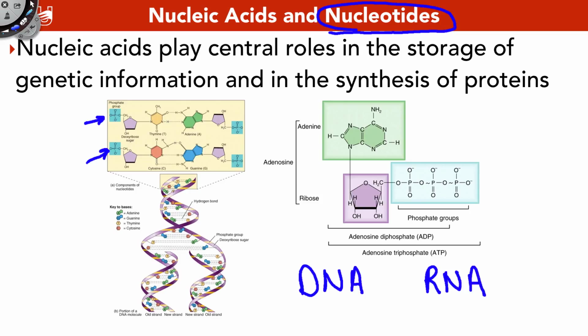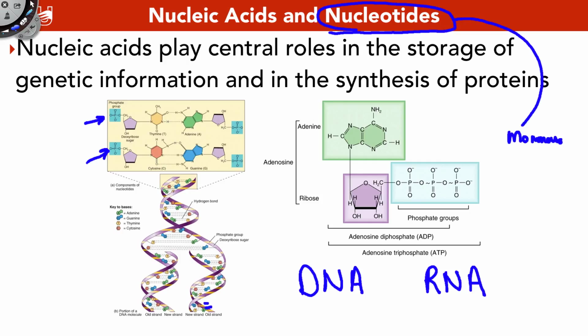Now, we're going to come back to these a lot more when we start talking about how DNA functions. But right now, let's leave it with this, that nucleotides are the monomers. Remember we had that discussion about monomers and polymers? All right, and several nucleotides combine.